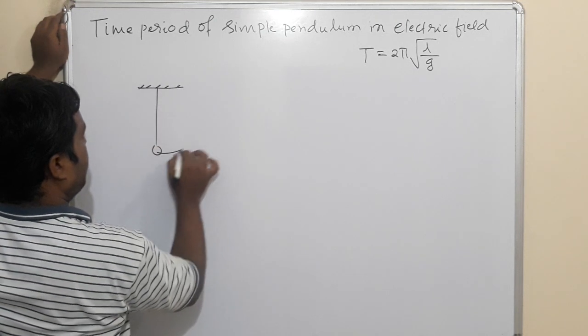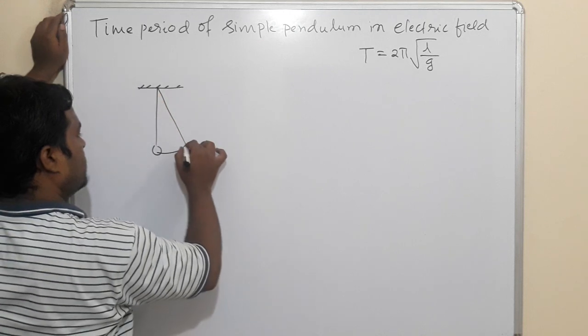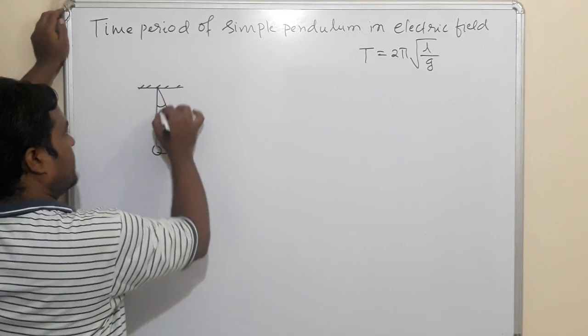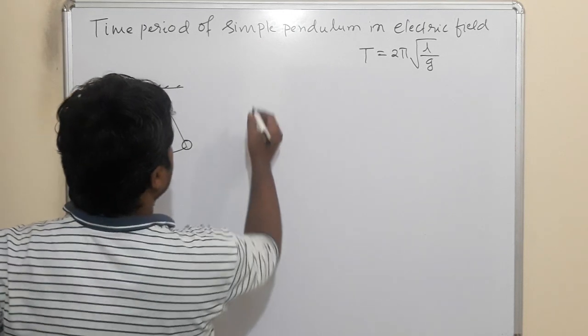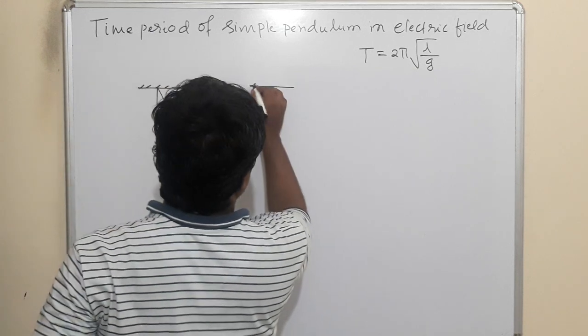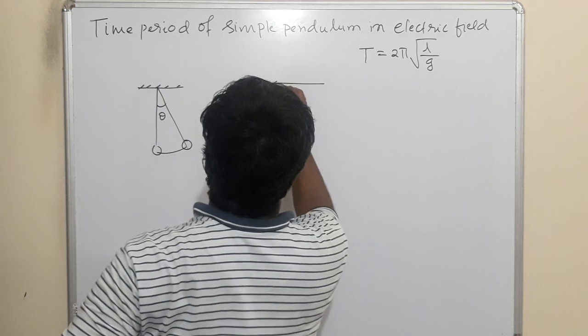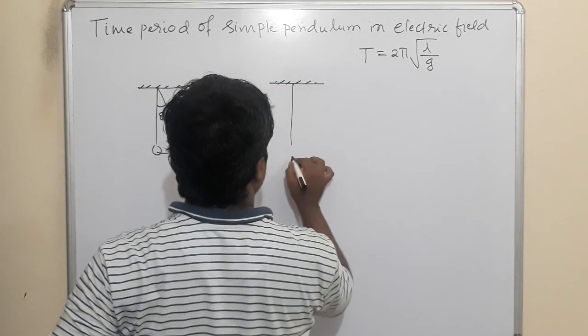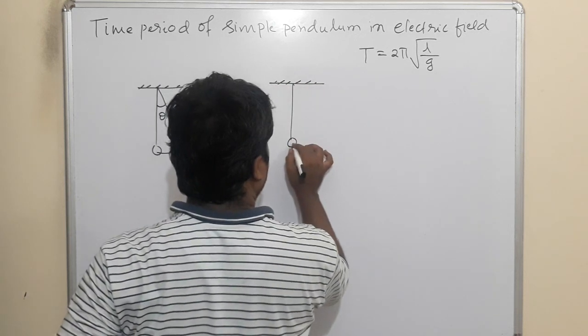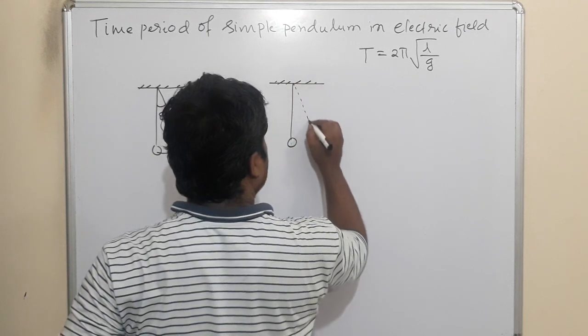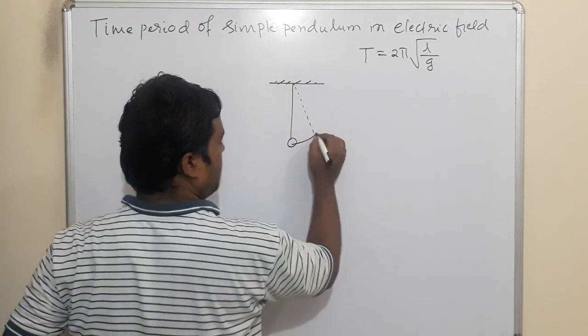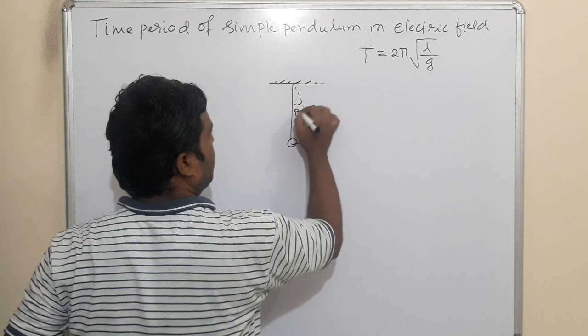Simple pendulum is oscillating like this by making an angle theta with the vertical. Another case we will take, same simple pendulum oscillating in this manner around this mean position. This is the mean position by making an angle theta with the vertical.